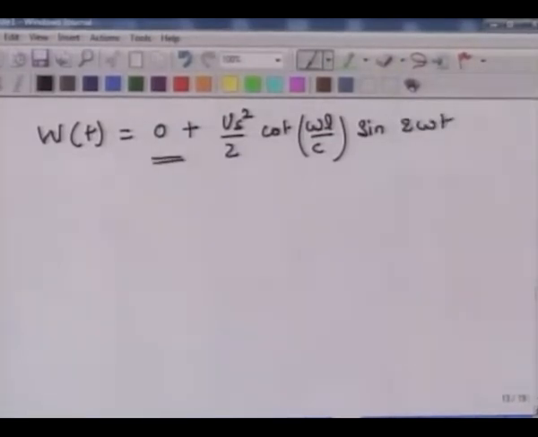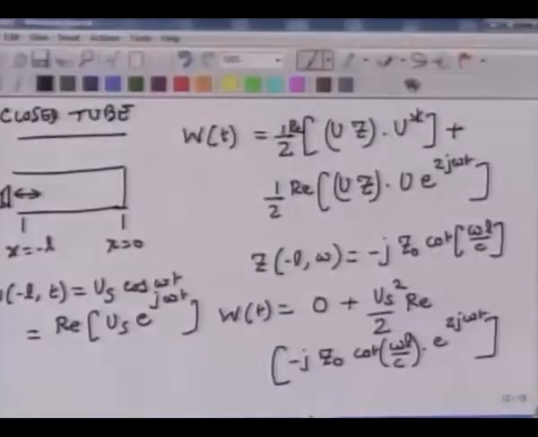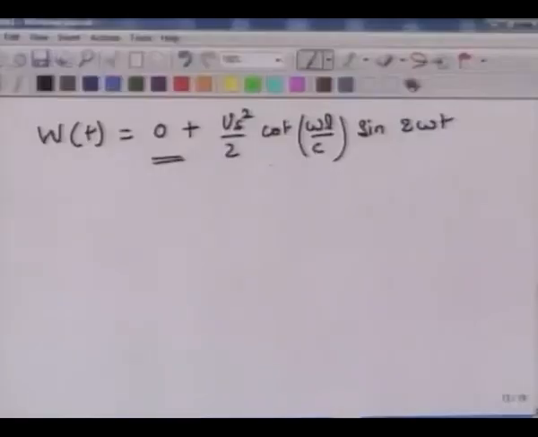So in a closed tube, the total acoustic power being dissipated, if there are no dissipative losses, in our wave equation we assume that there are no dissipative losses happening because of the medium, is 0. Average power being consumed by the system is 0. However, energy transfer does happen between potential and kinetic states.